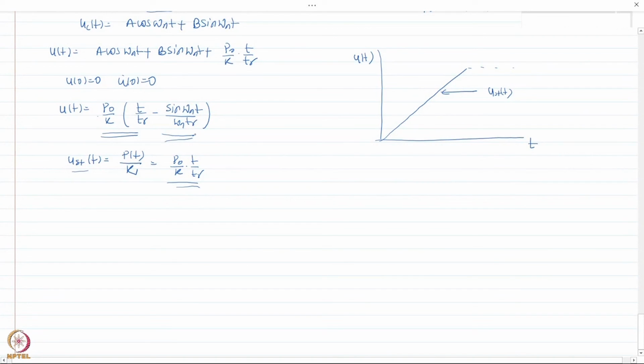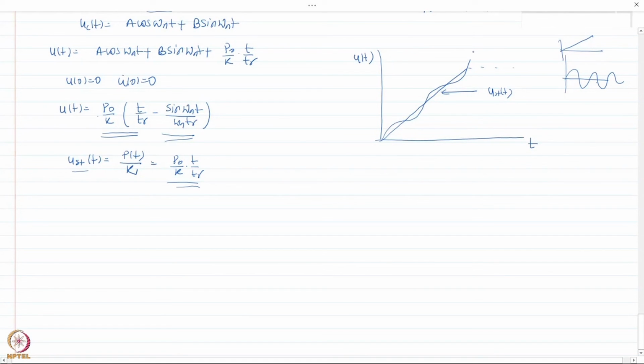When we sum these two functions, remember the second part looks like something like this, and depending upon the value of omega n and tr, its amplitude would differ. So the total response, when you sum this kind of function and this kind of function, would look something like this.